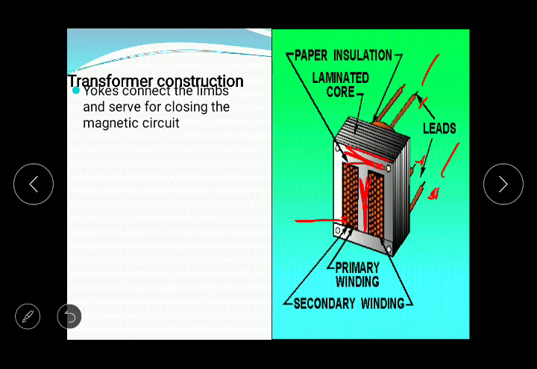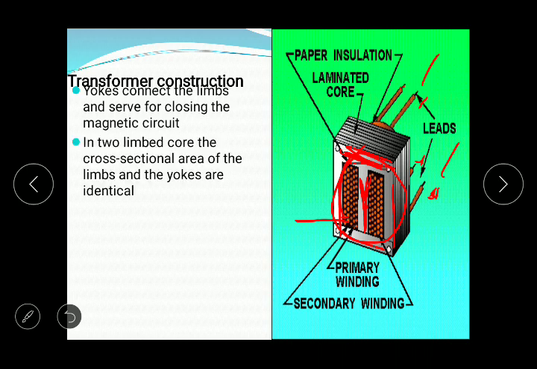These yokes are connected to these limbs, then it will be a closed path, that means a closed magnetic circuit.